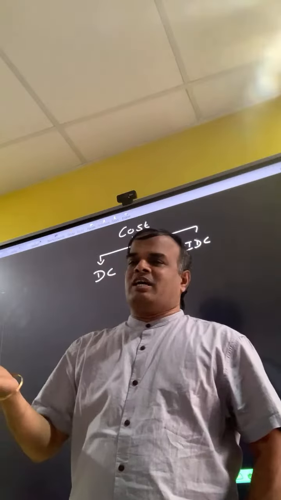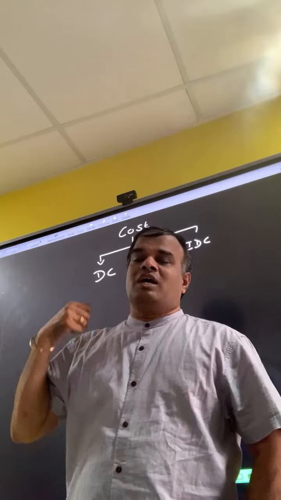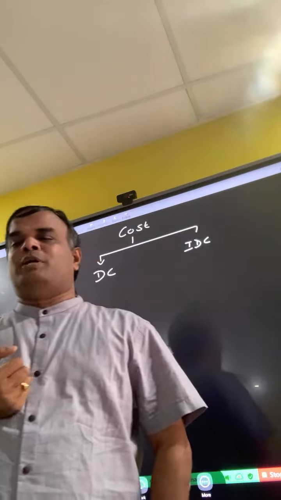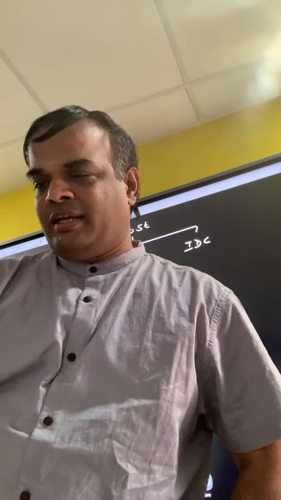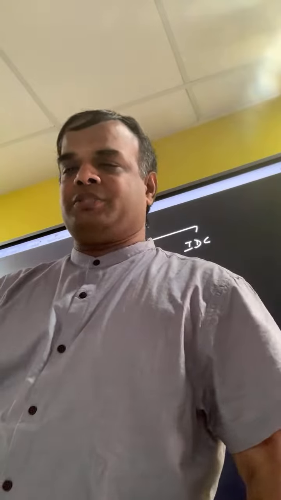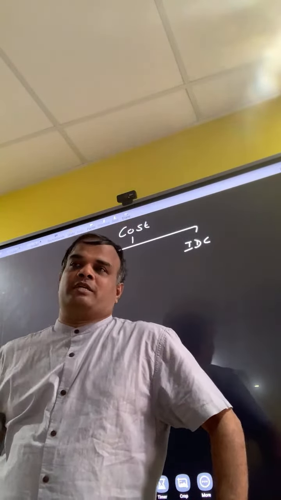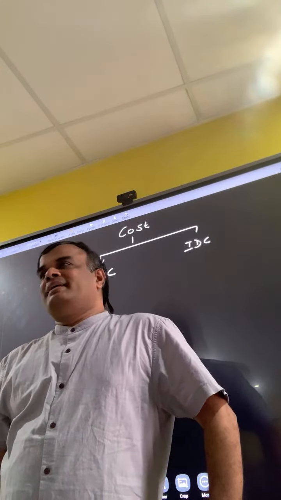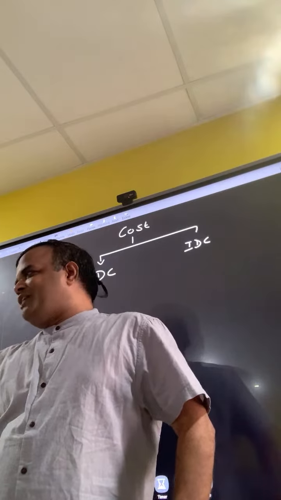What do you mean by direct cost? Costs which are directly attributable to the production of products are called direct cost. Costs which indirectly help you to produce the products are called indirect cost. Okay. On the basis of element, cost can be classified into.